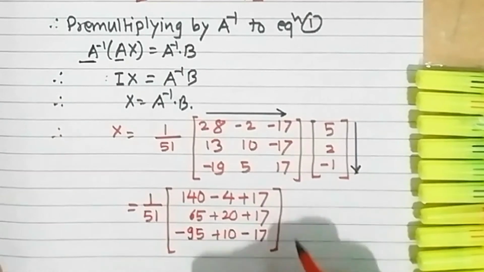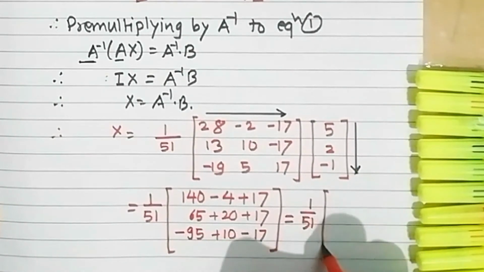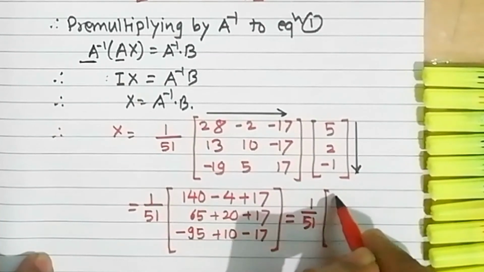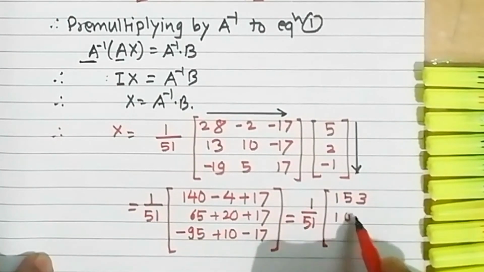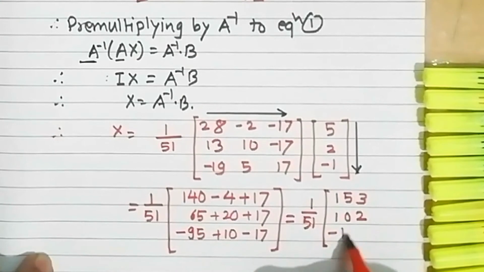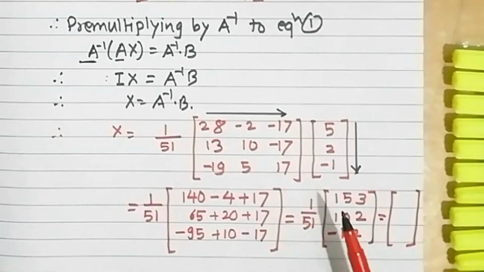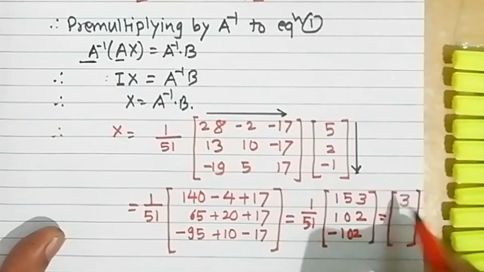This is equal to 1 upon 51 into, if you calculate all these values, 153, then 102 and -102. Now look here, multiplying by 1 upon 51 to each of these numbers means you should divide by 51. So 153 divided by 51 is 3.